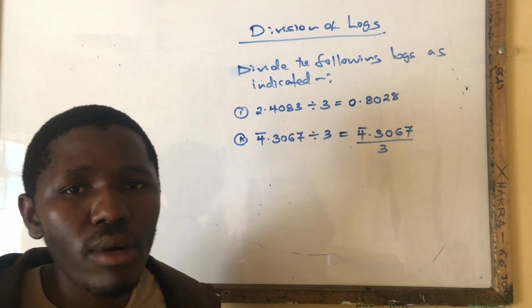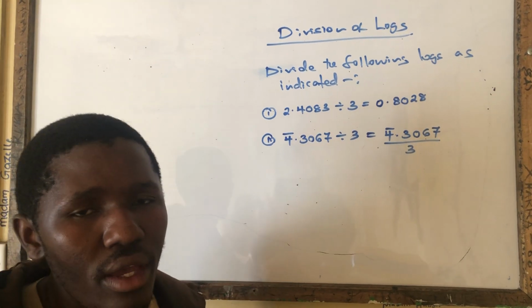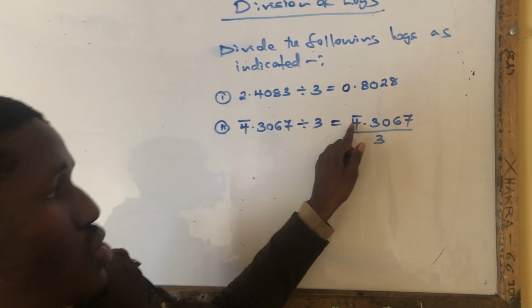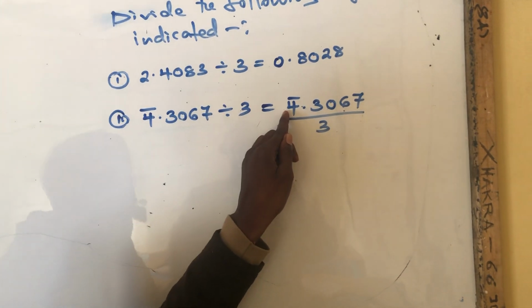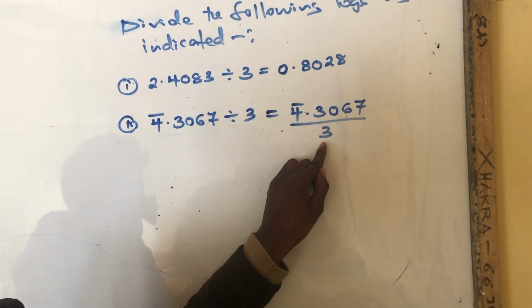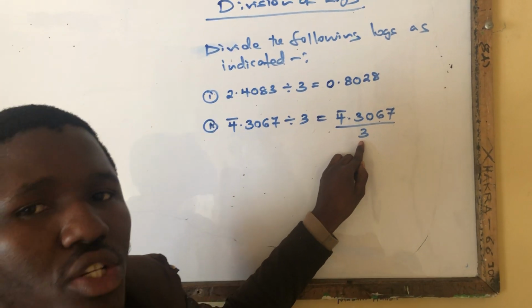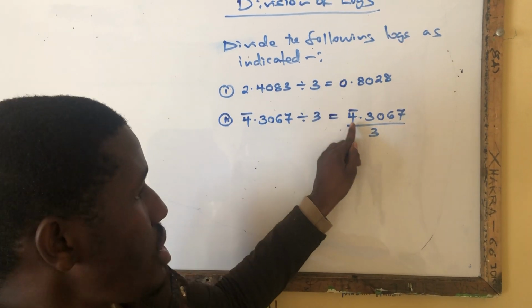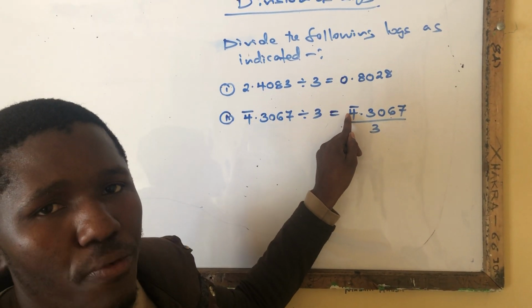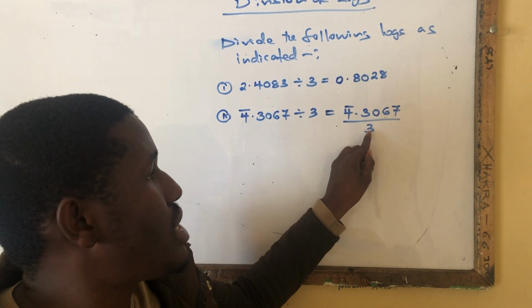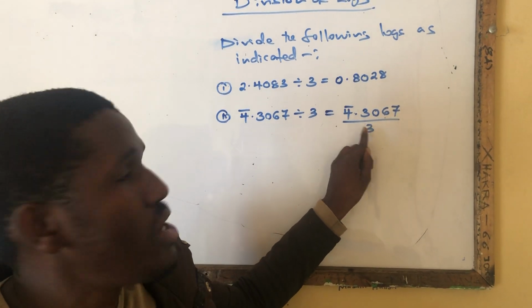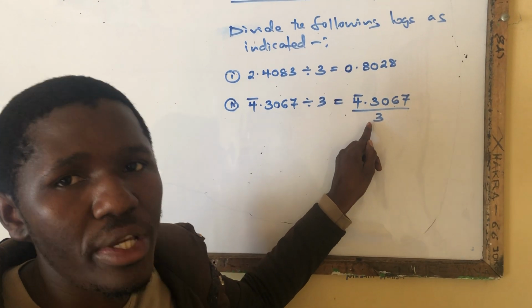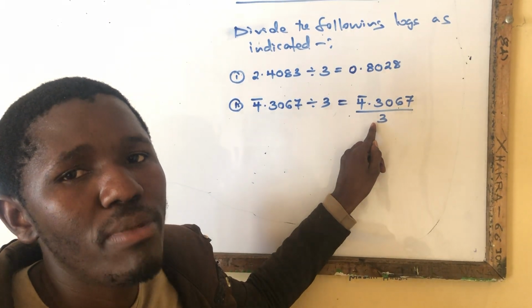When dividing a number carrying a negative or a bar, the first thing you'll be required to do is to check the characteristic against the denominator, the number you intend to divide it with. What is our characteristic? It is 4. What do we intend to divide it with? 3. Is 4 divisible by 3? The answer to that question is a big no.